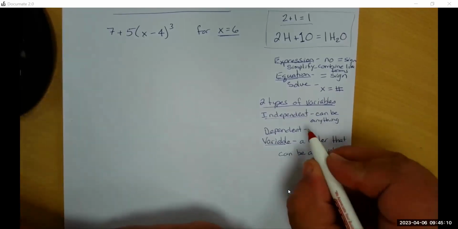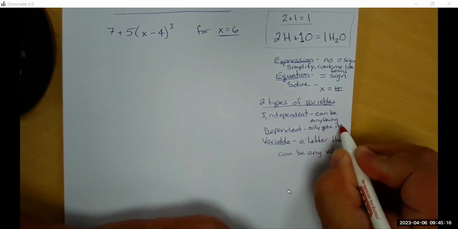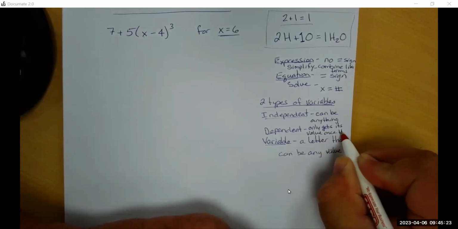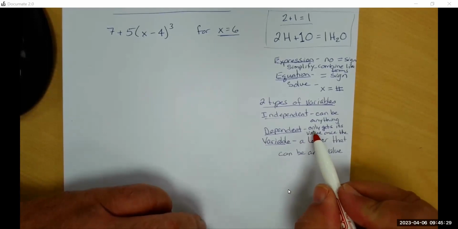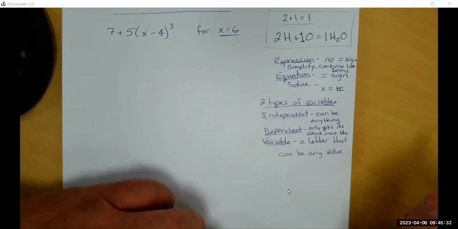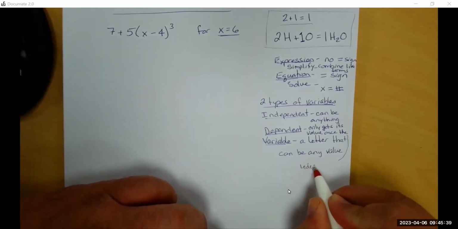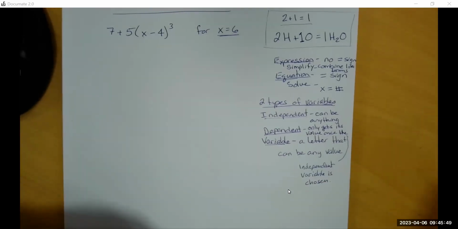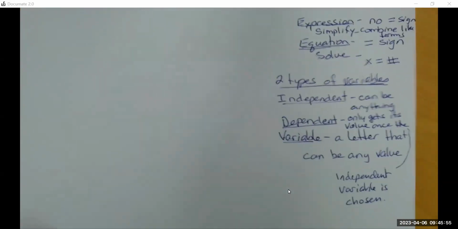The dependent variable is a variable that only gets its value once the independent variable is chosen.